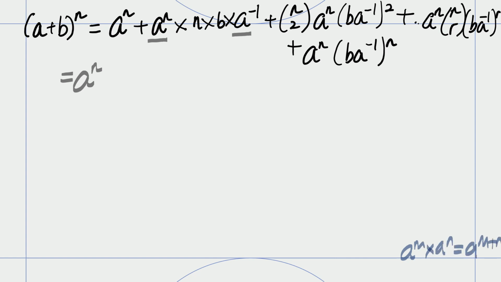Same base, you add the power. So that will give us a to the power of n minus 1. Then times n times b. So I'm going to rearrange it. Rearrange it, we are going to put n first. Then followed by a to the power of n minus 1 followed by b.